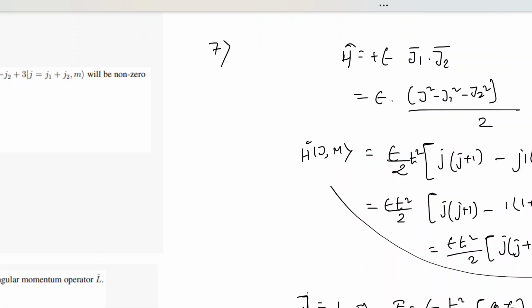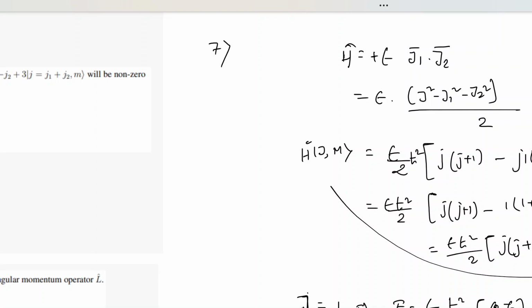So this is minus 3 epsilon ħ squared. For J equal to 2, it is epsilon ħ squared by 2 times 6 minus 8, so this is minus 2, so this is minus epsilon ħ squared.